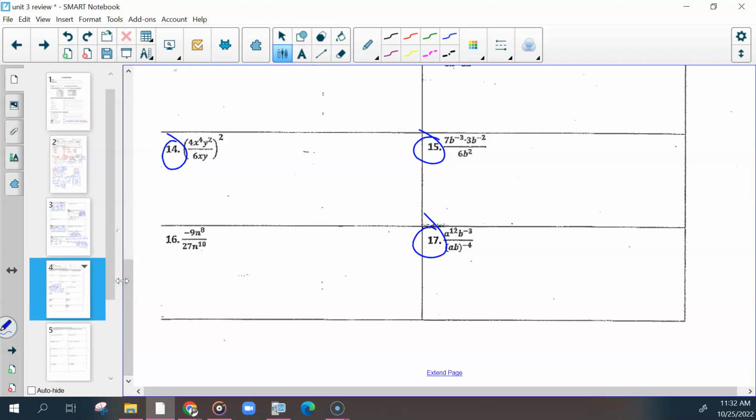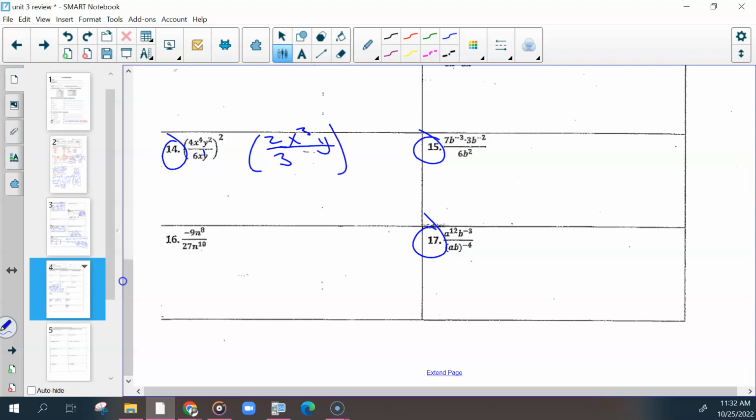For 14, we have things inside, so deal with that first. 4 over 6 would reduce to what? Two-thirds. Then we have x's and y's. 4 minus 1 would give us 3. 2 minus 1 would give us 1.